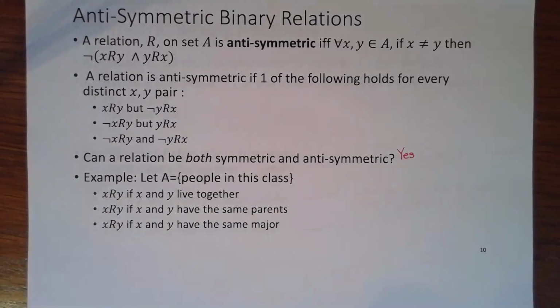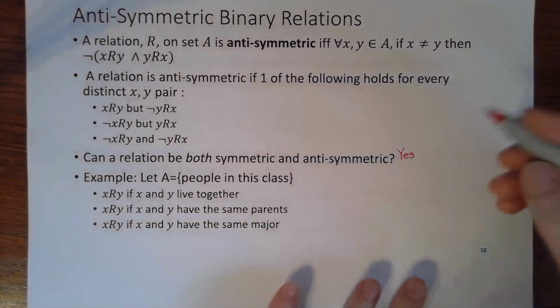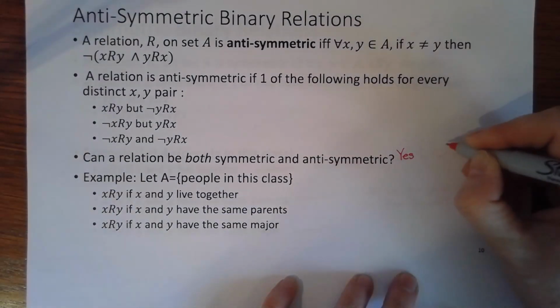So remember when we looked at reflexive and anti-reflexive, there's no possible way for a relation to be both reflexive and anti-reflexive at the same time. However, it can be true that a relation is both symmetric and anti-symmetric at the same time. The easiest example of that is a small one.